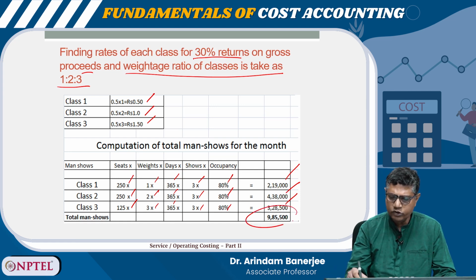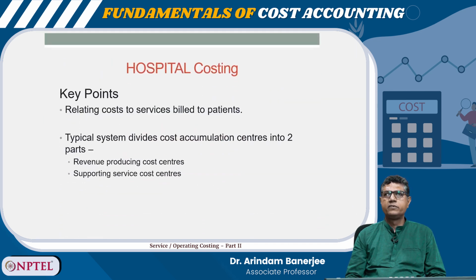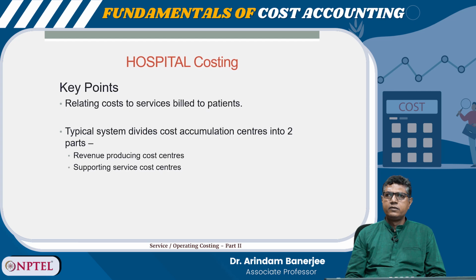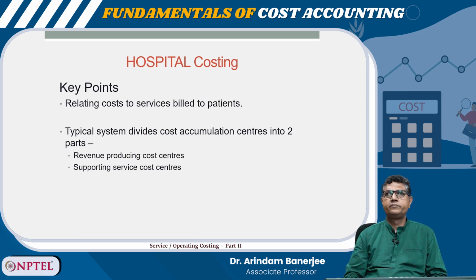So total man show is 9,85,500. So that is the total man show for a month from a movie theater. Okay. So this is how we can calculate the cost of man show in a movie theater.